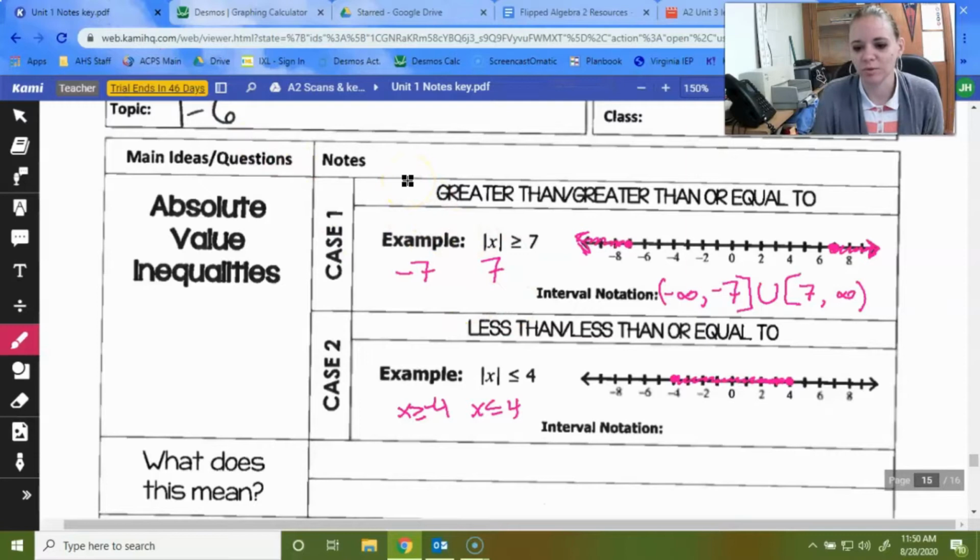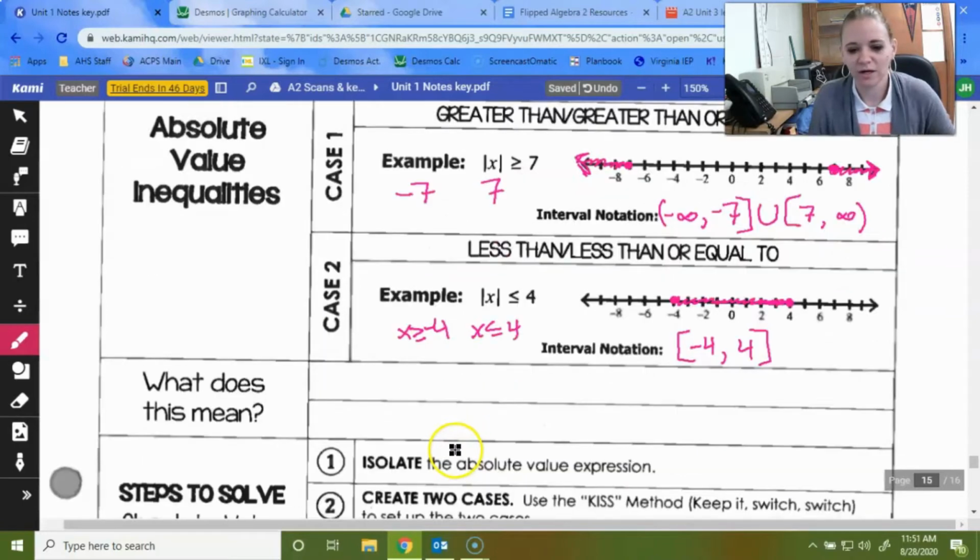Well, it's a little bit less writing. The union symbol indicates you have two sections shaded, and then you only need one of them if you have one section shaded. So the first thing we come to is negative 4. So bracket negative 4, and then that continues to positive 4, and both of those are equals, so we use brackets. Not too bad, hopefully.